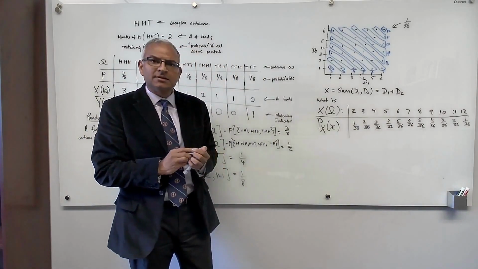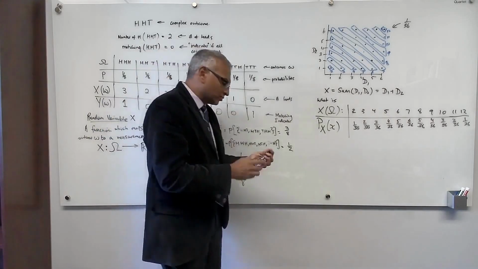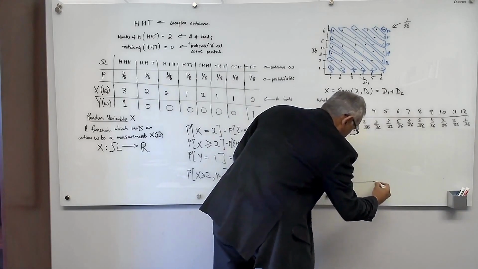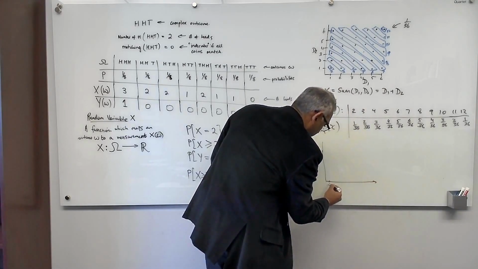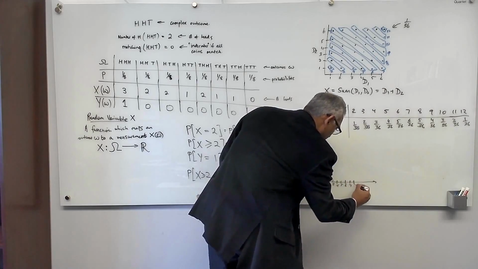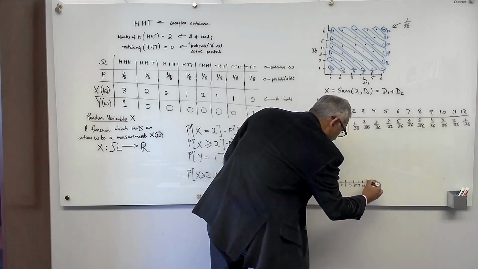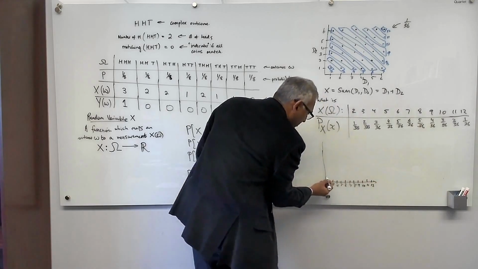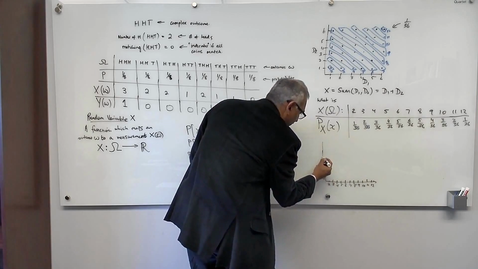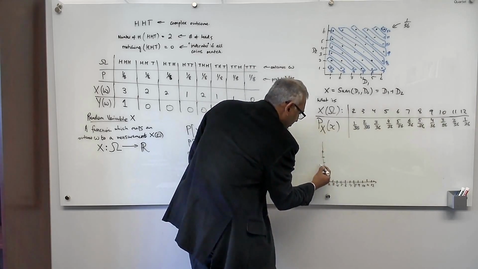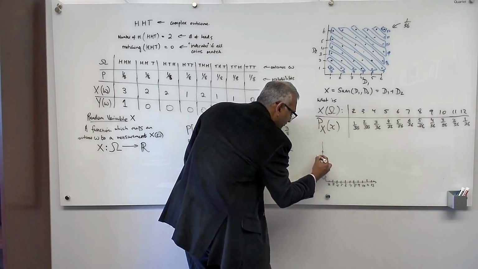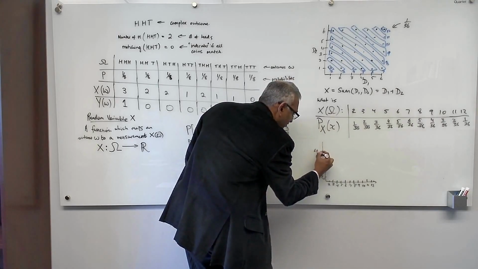And we can plot it in a bar chart if we wanted to. So let's just do that for completeness. As a bar chart, the possible values are 2, 3, 4, 5, 6, 7, 8, 9, 10, 11, 12, and you have 1 over 36, 2, 3, 4, 5, 6. 6 is the max. So 2 over 36, 3 over 36, 4 over 36, 5 over 36, 6 over 36.